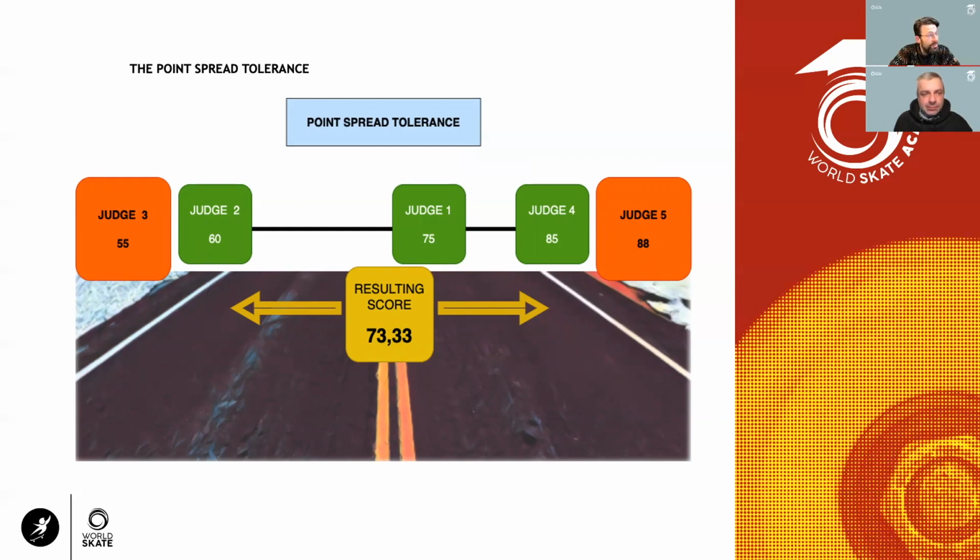Now, the point range are the side lines to keep us on that road, because if we cross those, we crash and we are out of the road and we are not counted for the results. So the point spread tolerance guarantees that everyone watches the same and has the complete record of what happened, keeps the evaluation and opinion more accurate and precise, and helps to prevent the extremes from affecting the final scores.